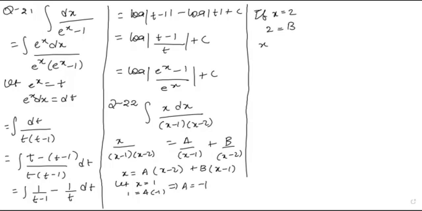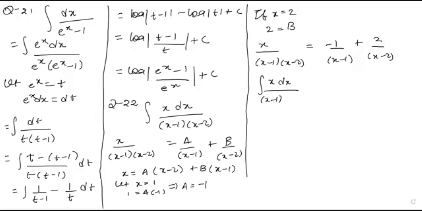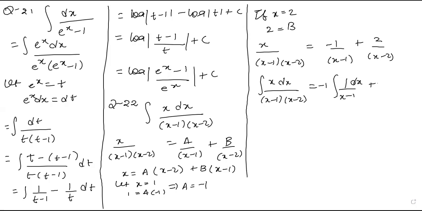So replacing the values, I will have x upon x minus 1 x minus 2 as minus 1 upon x minus 1 plus 2 upon x minus 2. Taking integration on both the sides, minus 1 integration 1 upon x minus 1 dx plus 2 integration 1 upon x minus 2 dx. That is minus log mod x minus 1 plus 2 log mod x minus 2 plus c.